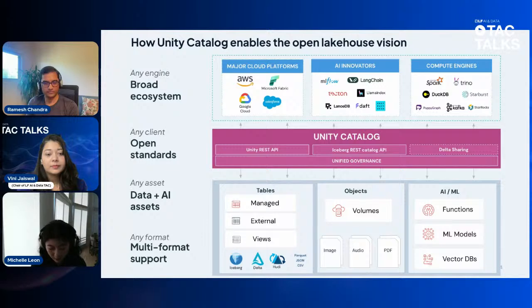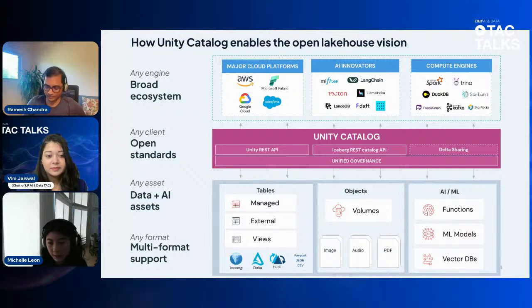When we open sourced Unity Catalog and brought it to the community, we brought along a bunch of collaborators from these different engines and AI platforms, working with major cloud platforms, because we believe the standard is only as good as how widely adopted it is. And so Unity Catalog, by embracing all these different open standards, is able to give access to this really broad ecosystem.